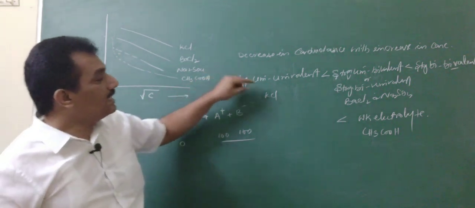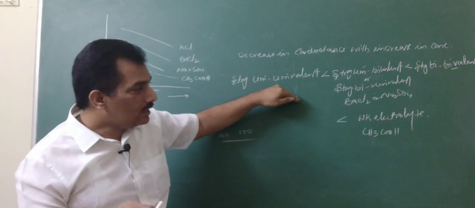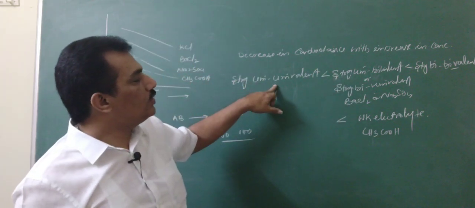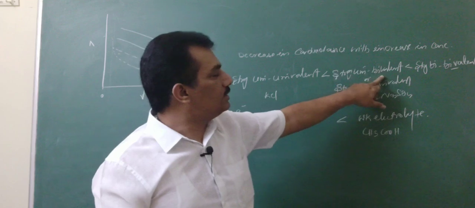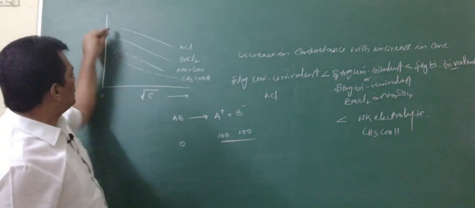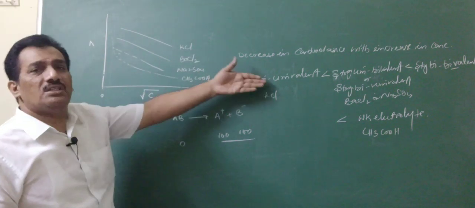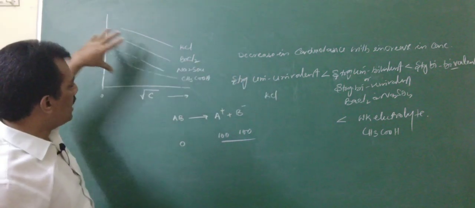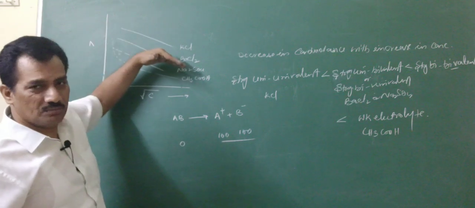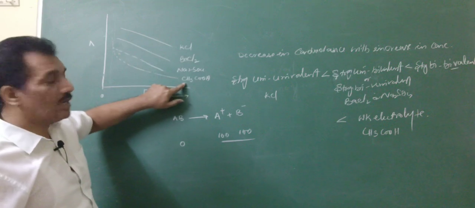The decrease is less in the case of univalent, and thereafter, compared to univalent, the decrease is more in this case, and still more in this one. You can observe the decrease is more and more in the case of weak electrolyte. With this comparison you can understand this concept. In all these cases some sort of decrease we can't observe practically with this slope, but you can understand the concept by observing this.